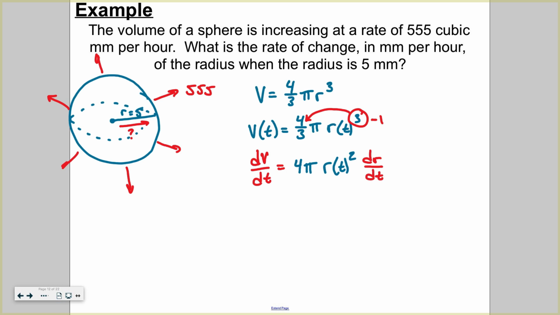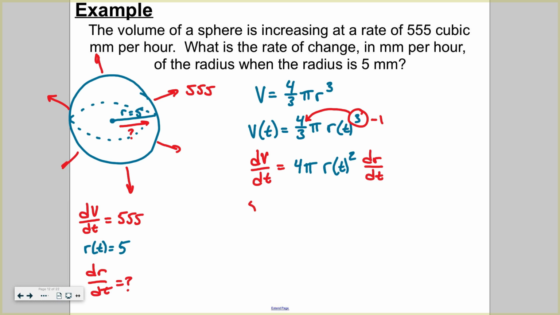All right, so then we can identify what we know. dV over dt we know is changing at a positive 555 cubic millimeters per hour. We know that r of t is going to be 5. And then we are trying to find dr over dt. So then we can substitute in these values.